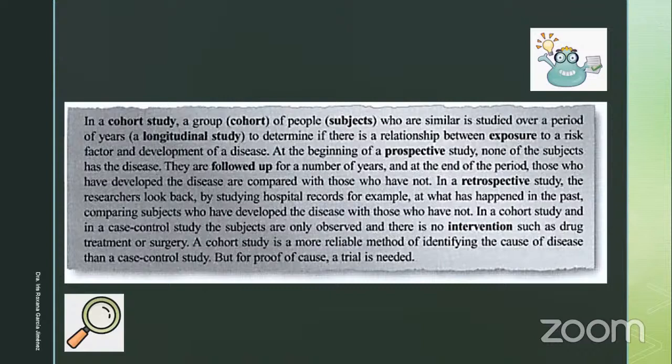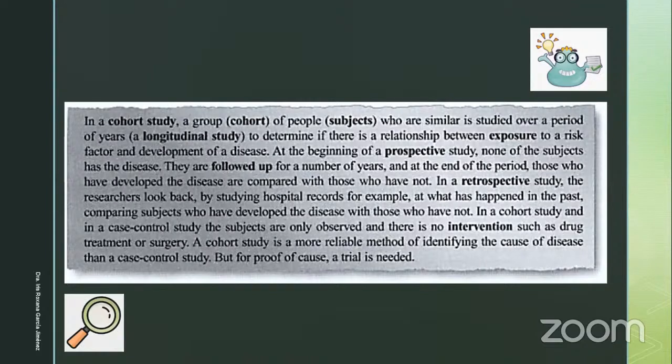At the beginning of a prospective study, none of the subjects has the disease. They are followed up for a number of years. And at the end of the period, those who have developed the disease are compared with those who have not.